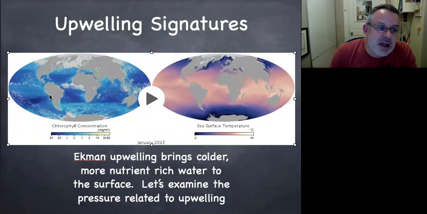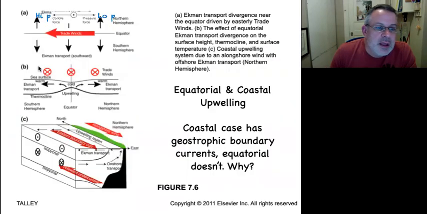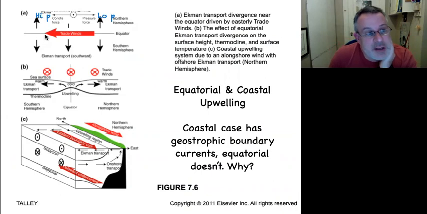But in these coastal upwelling regions, there's something else going on there. And we talked about this casually. Well, not casually. We went through the schematic in a pretty detailed way, where we would have Ekman transport to the right in the northern hemisphere, to the left along the equator, because the trade winds go from east to west.